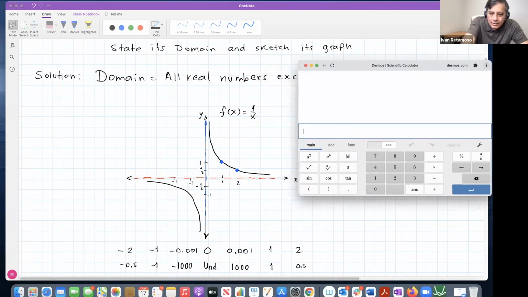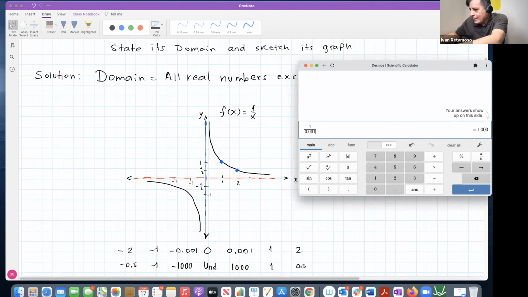What is that? 1 over 0.001. Notice it's a very big number, right? Very big number is 1,000, right? So this is going to tell us something about the trend of this.